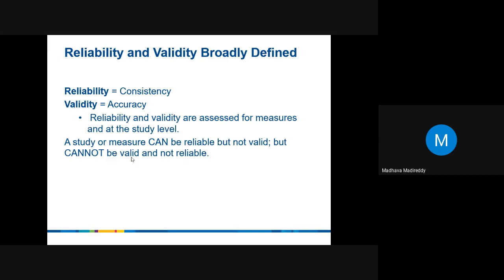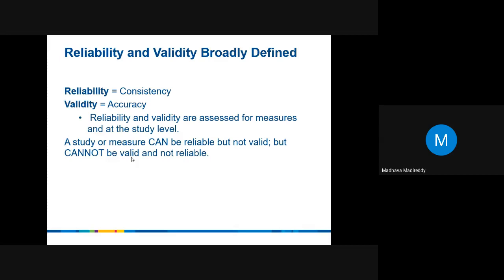You step out and stand on it again, and now it shows 59. So now you have three different results in a span of, let's say, 3 minutes. Obviously the scale is not very consistent. So consistent means it has to produce a reliable result with each performance.